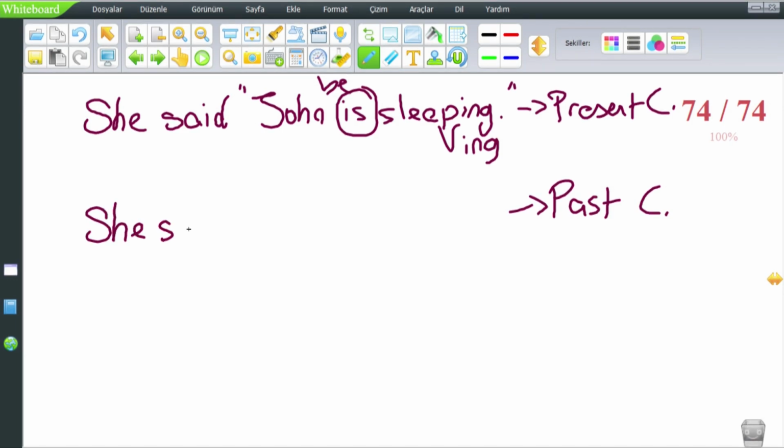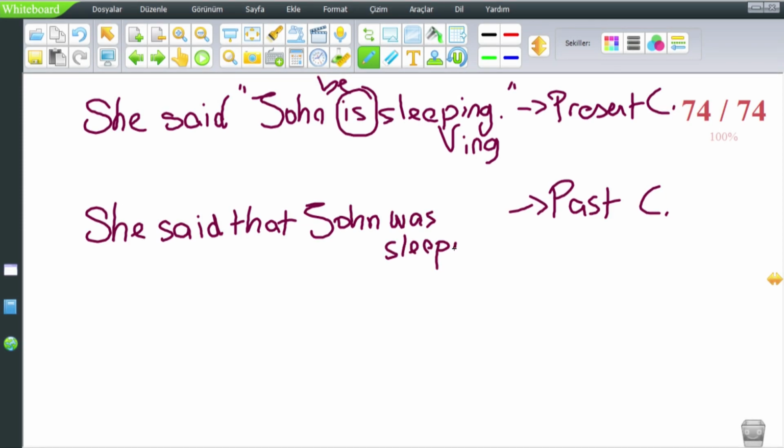She said that John was sleeping. See here, I used past continuous. That isn't really necessary in daily conversations, but when you're writing an essay or you're using academic English, you have to use it.